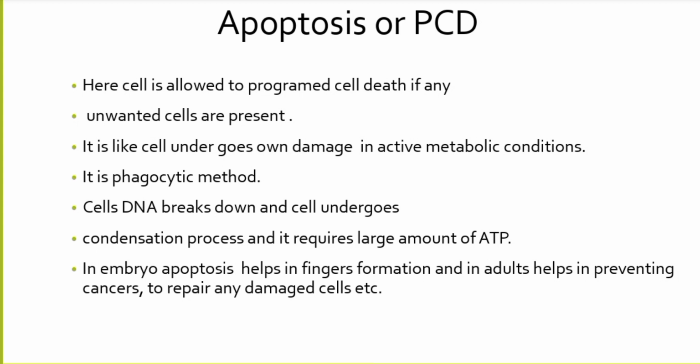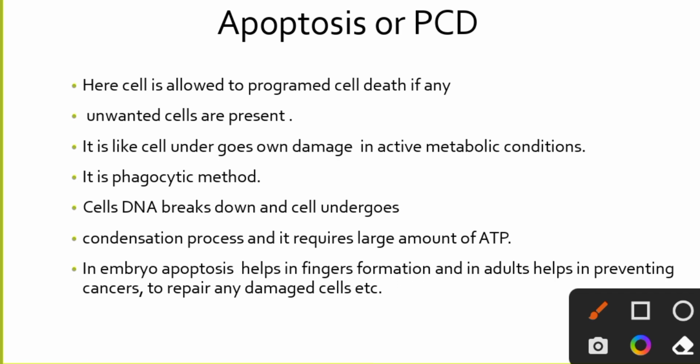Today we are going to learn about one topic, that is apoptosis or PCD, that is programmed cell death. So what is this actually? Here cells are allowed to undergo programmed cell death. When this happens, if any unwanted cells are present, the cells undergo their own damage, even in active metabolic conditions.